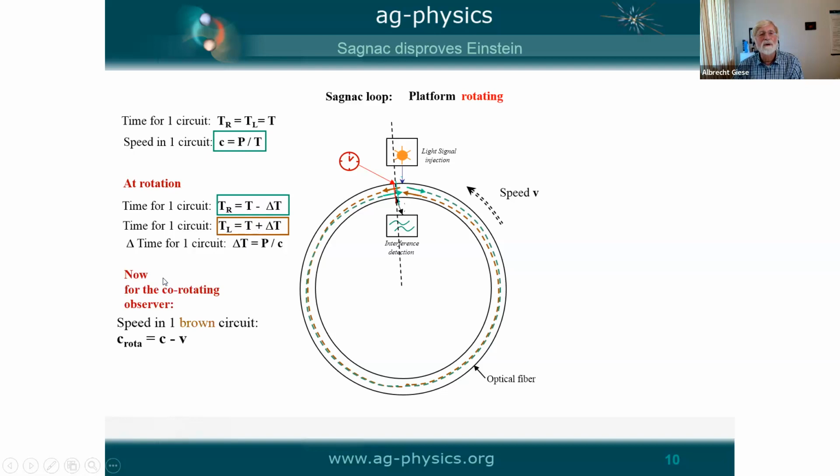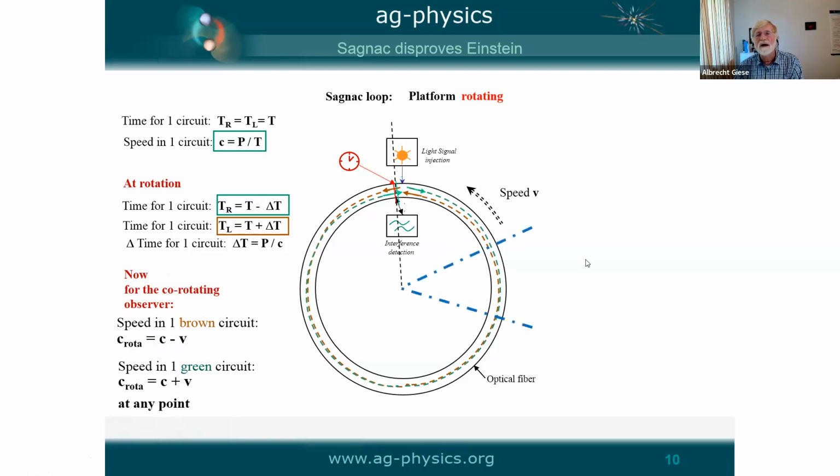And so we measure a speed, or calculate the speed from it. And for the brown pulse, the speed in this rotating system is c minus v, where v is the speed on the surface of this apparatus, and the green speed is c plus v, also for the observer of the system, more than the standard speed of light.